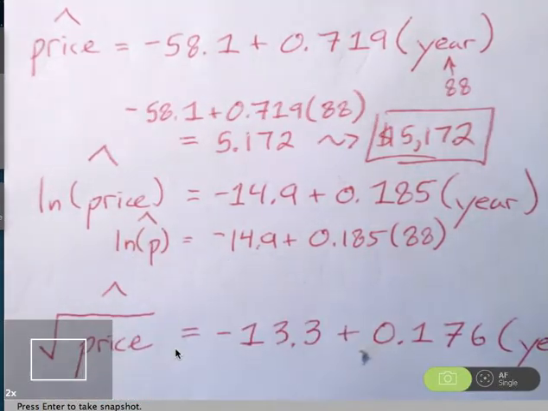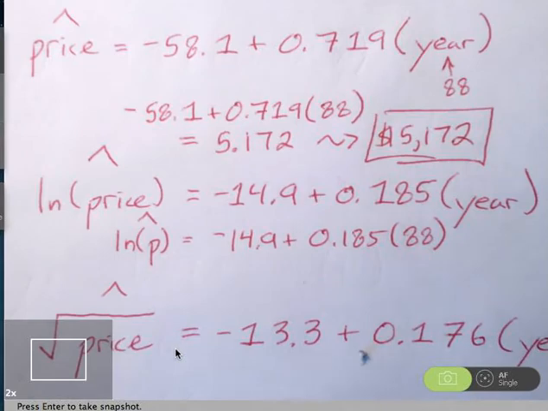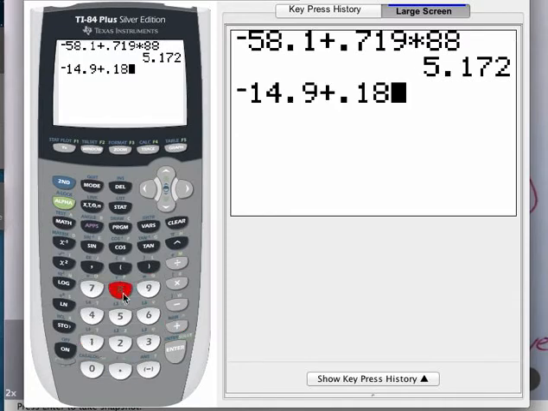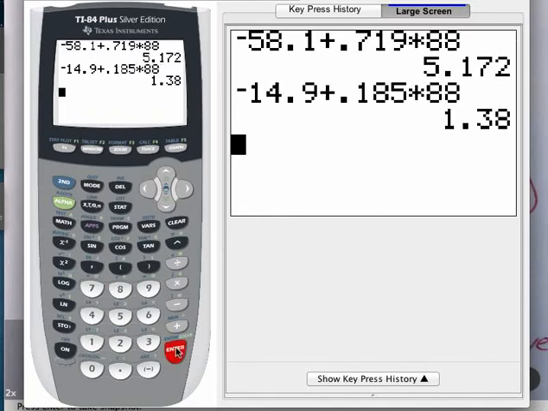So after I do that calculation, I'm still going to have to work with an exponent here. So I'm going to go to the calculator. I'll put this in as the negative 14.9 plus the 0.185 times 88. So that gives me 1.38, but I am not done.